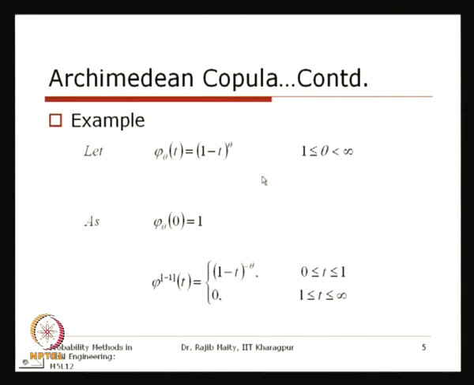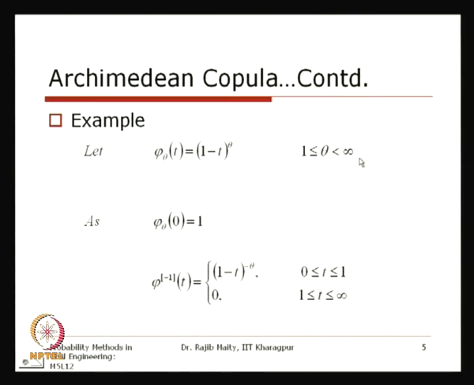Suppose the generator phi function that we take is 1 minus t, power theta. Theta is one parameter, and we will come to this parameter a few minutes later. This function with one parameter theta is explained through 1 minus t power theta, where theta can vary from -1 to infinity.